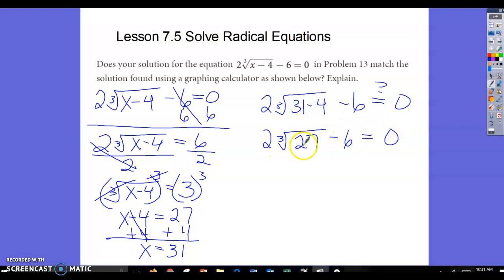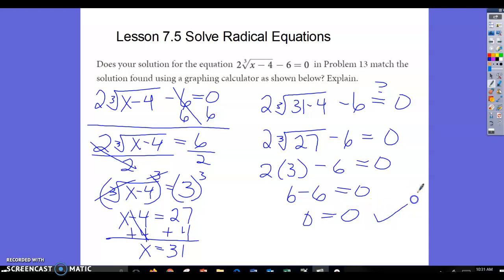And the cube root of 27 is 3. And 2 times 3 is 6. 6 minus 6 is 0. So 0 equals 0. So algebraically it checks out, and it checked out using the graphing calculator.